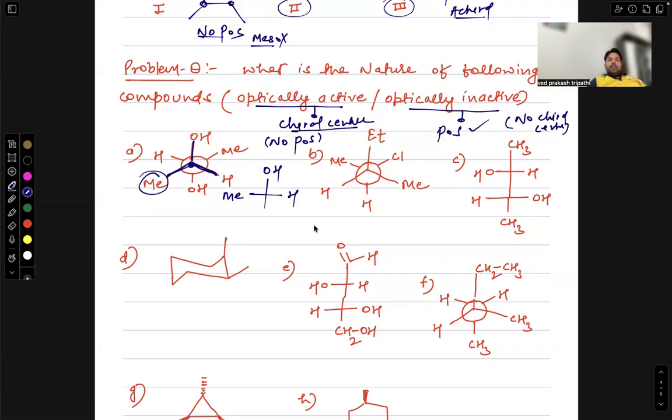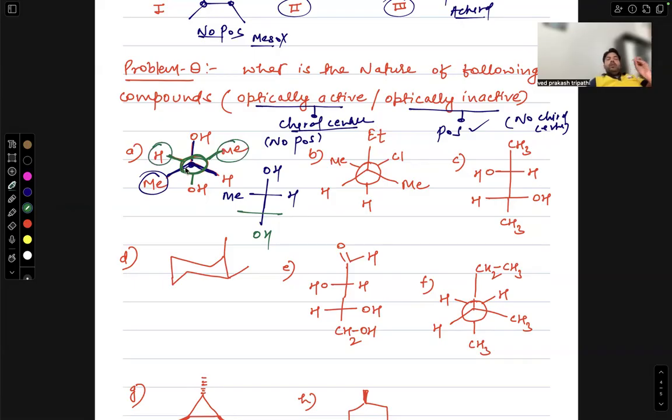That's fine. Now look at the rear carbon. This is the rear one, the circle one. The downside is OH, keep downside OH. Now this is methyl, this is hydrogen. Now one more thing I would like to tell you here, a trick.